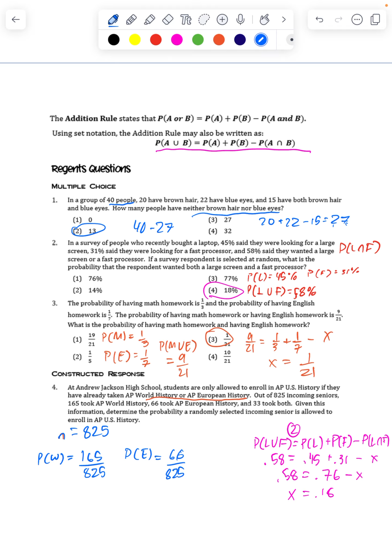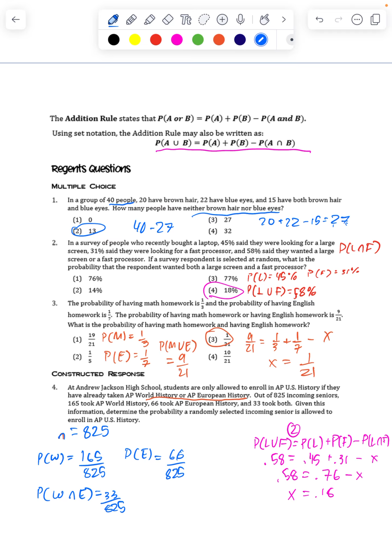And the probability of both of them is probability of W intersection E. Both is intersection. That's this symbol. It's going to be 33 over 825. Okay. All right. So given this information, determine the probability the student is allowed to enroll in AP US History.